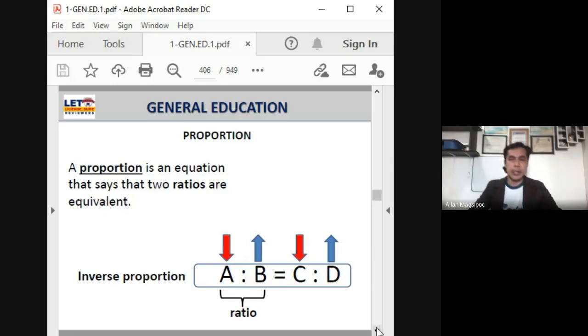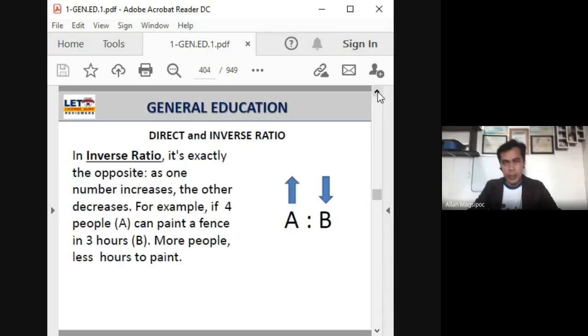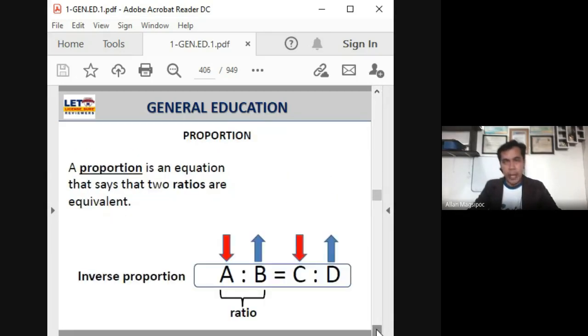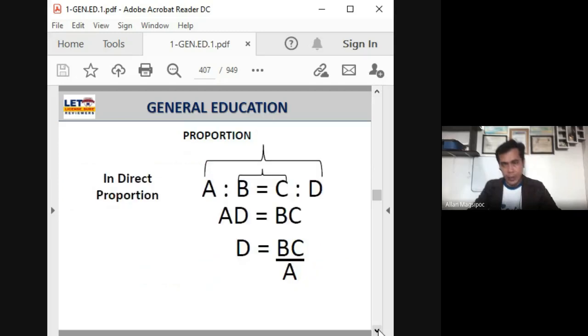So meron tayong direct proportion, merong inverse proportion, merong direct ratio, merong inverse ratio. Don't forget again, it's very important to understand these concepts because you will have the application of this in the word problem.